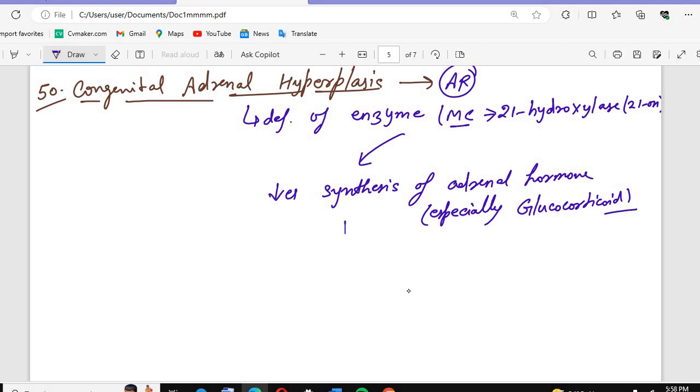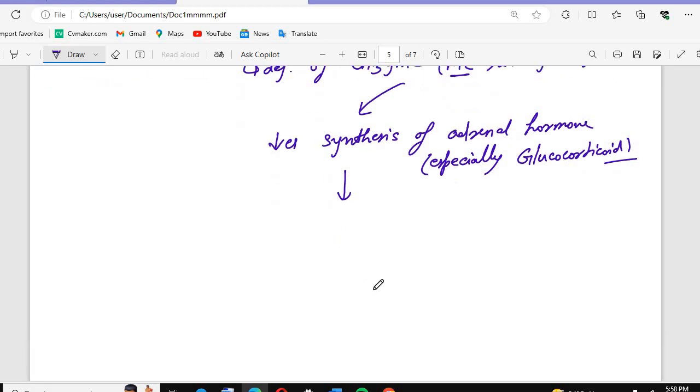If there is a decrease in the adrenal hormones, we have the adrenal gland and we have the pituitary gland.